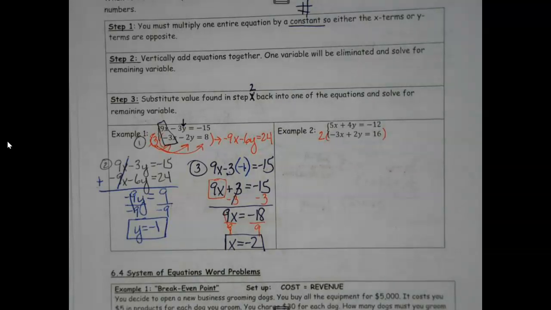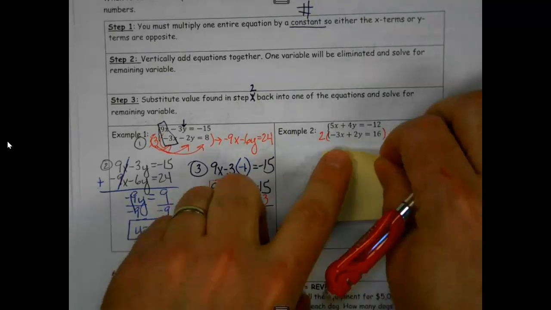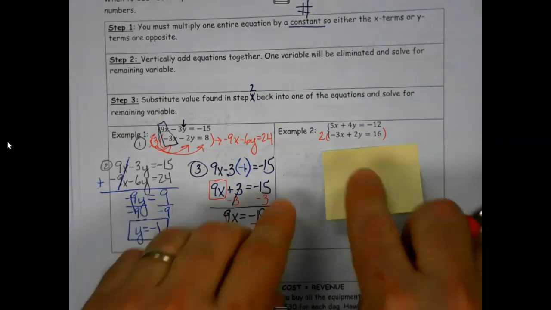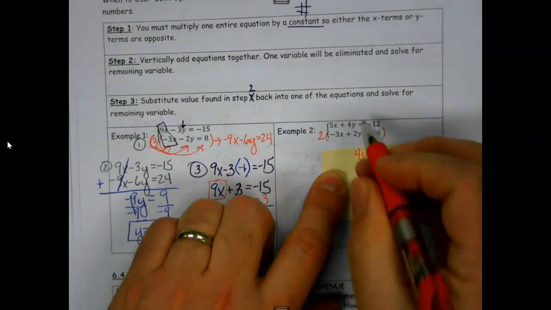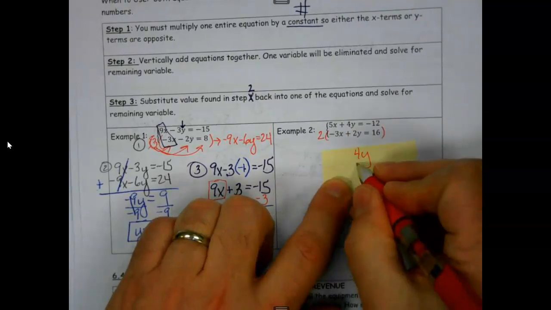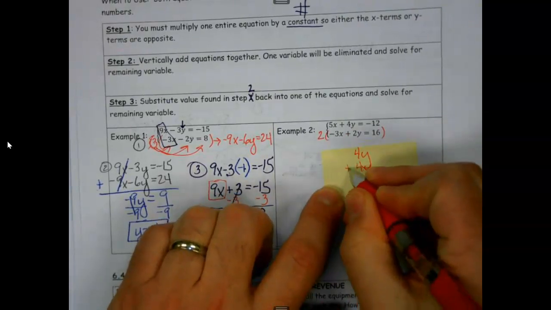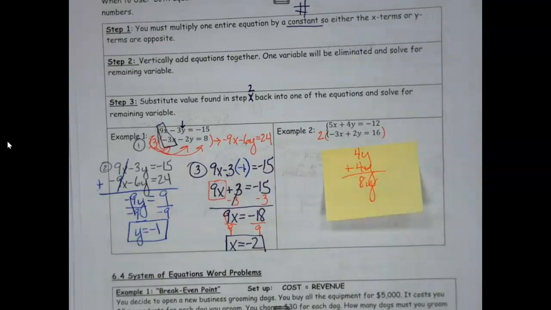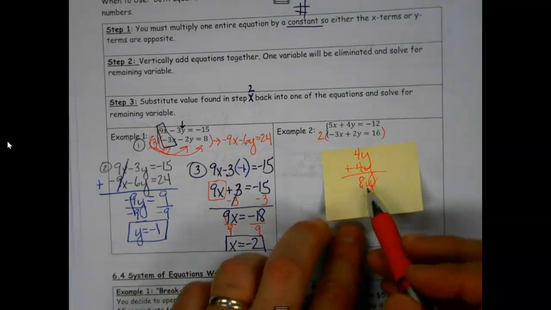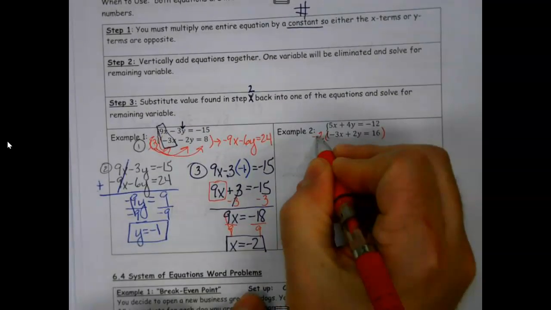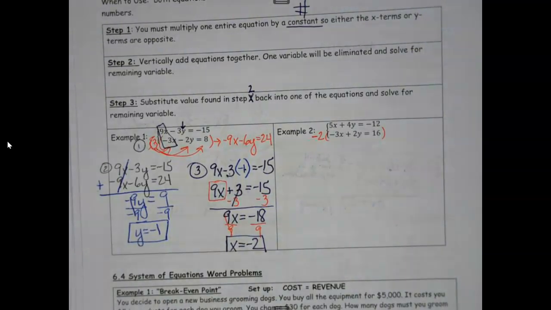Because if I went through and just did 2, this is why I'm doing it on a sticky note, so don't write this, I'd have 4y up here. 2 times 2y would also be 4y, and if I added them up, the y doesn't go away. So like Landon mentioned, if that's going to be a problem, we may have to make it a negative sometimes.